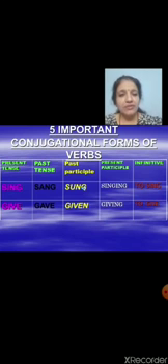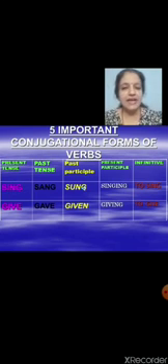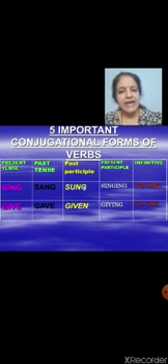Now if we have to divide the verb into these 5 forms, let us do it with the help of an example to understand what is the difference in these 5 forms. If we begin with an example, say sing. It's a verb. In present tense, we use it as sing or sings. Past tense, sang.